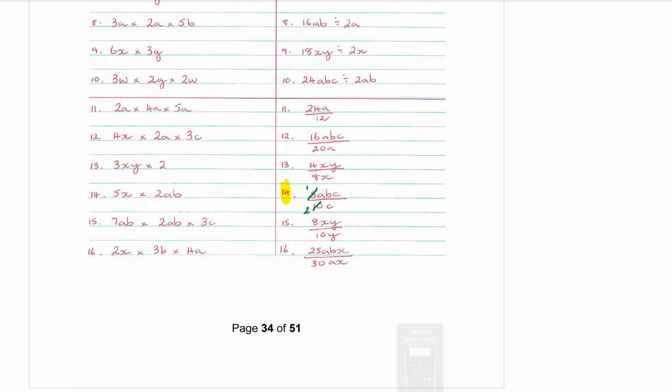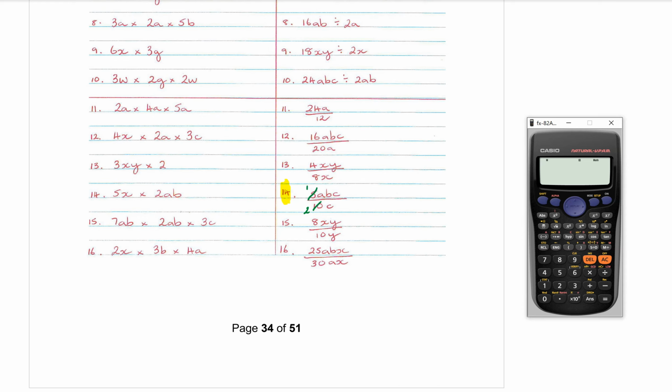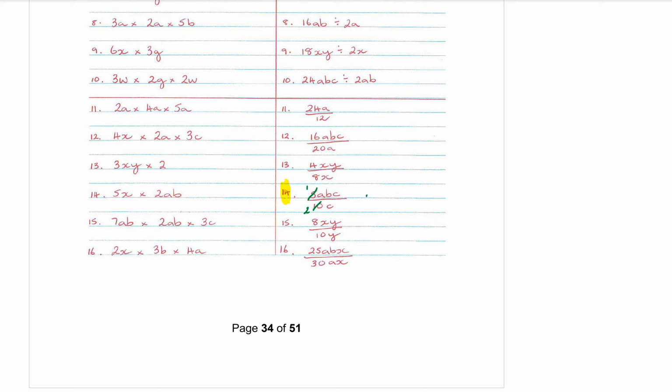Remember, the alternative for this, if you can't do that kind of thing, is to use your calculator to type in just the numbers. You put the 5 on the top, the 10 on the bottom, and it simplifies to a half. That means we know we're going to have a 1 on the top and a 2 on the bottom of our answer.